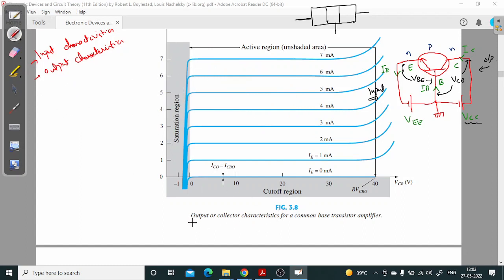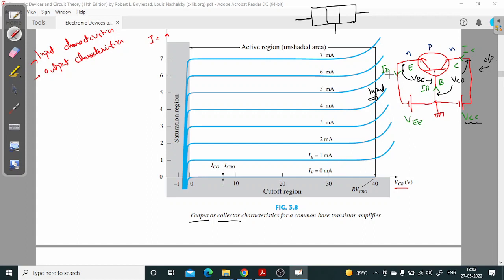So this is the output characteristic, also called the collector characteristic, for a common base transistor amplifier. This is the curve between output voltage and output current. Output voltage is VCB, and output current is IC. So it is a plot between IC and VCB for different values of input current. And what is the input current?